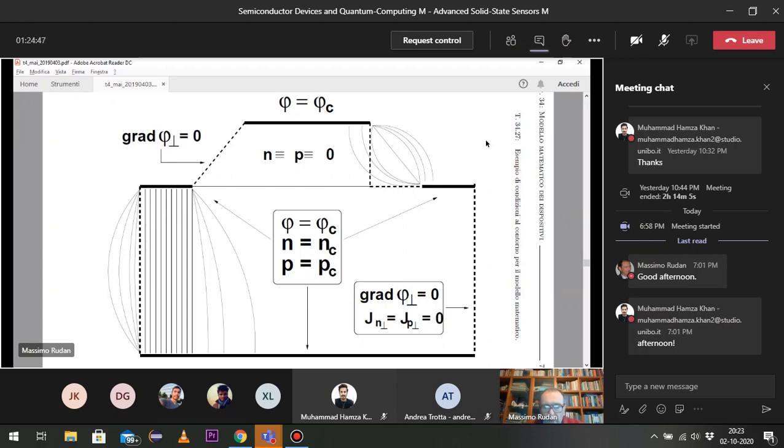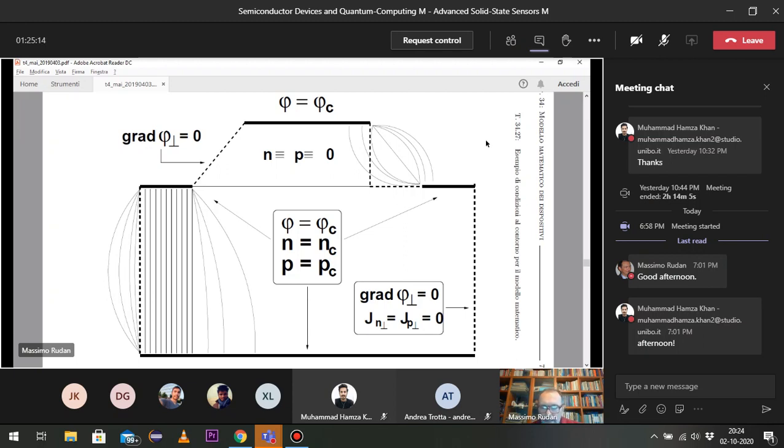And if you have equilibrium and charge neutrality, you remember you can immediately calculate the value of the concentration of electrons and holes near the contacts, okay? So for small n and small p, we also have Dirichlet conditions at the contacts, okay?